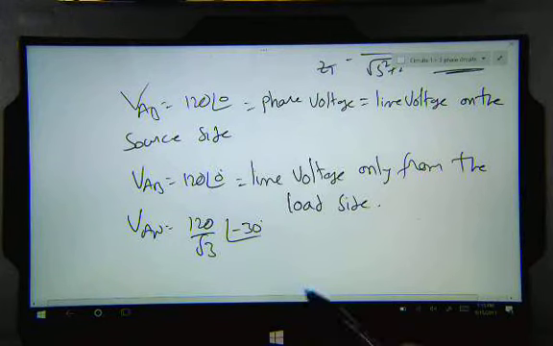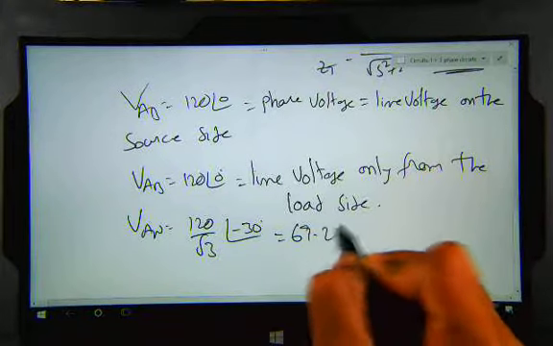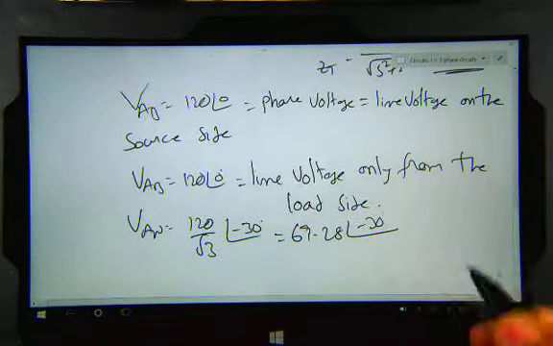Okay, so that's the reason for minus 30. I have that as 69.28 at an angle of minus 30 degrees.